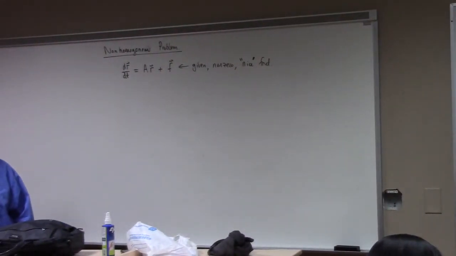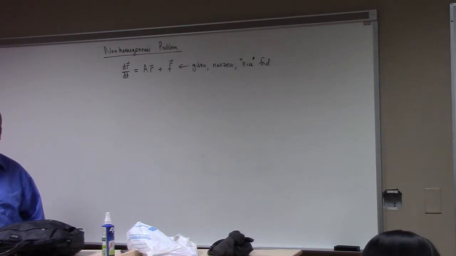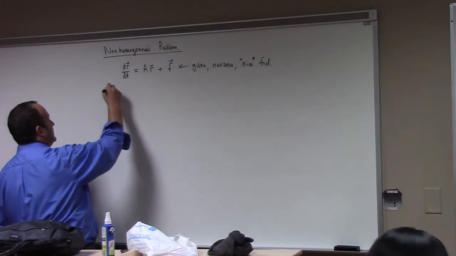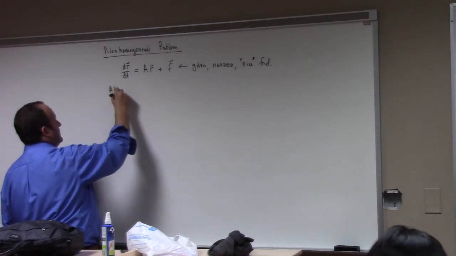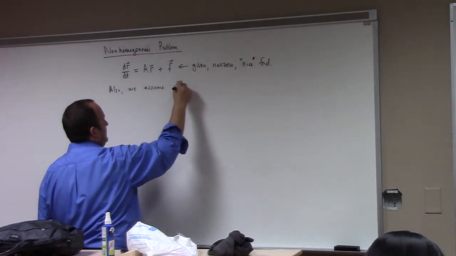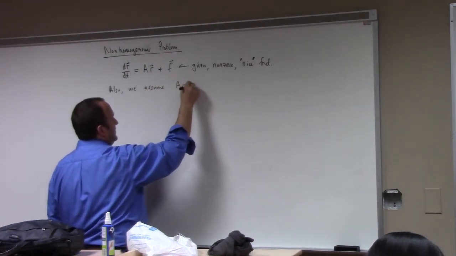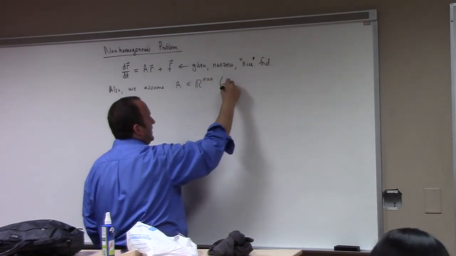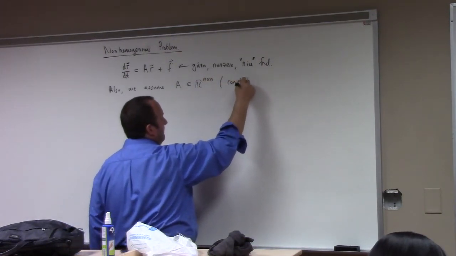All right, so you could integrate it in a natural way, all right? And so also we assume that A is an element of R n by n. In other words, we're looking at the constant coefficient problem.